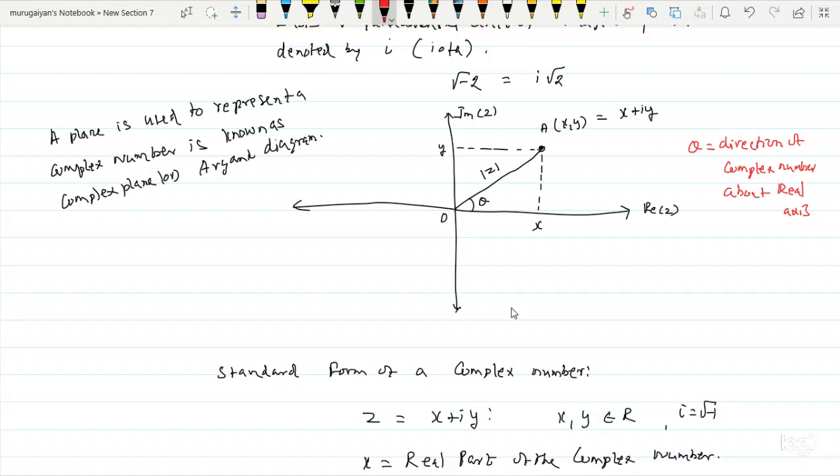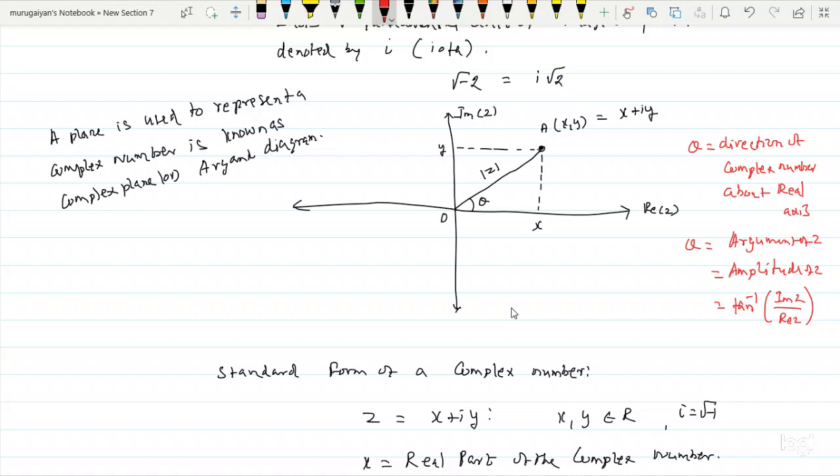What is the technical term for theta? Argument of Z or amplitude of Z, okay, and it is obtained by the formula tan inverse of the imaginary part of Z by the real part of Z.